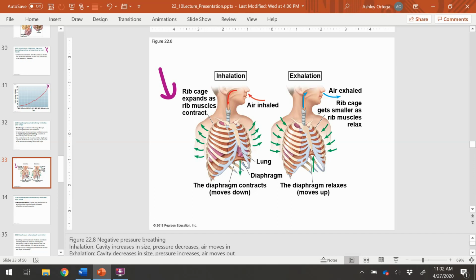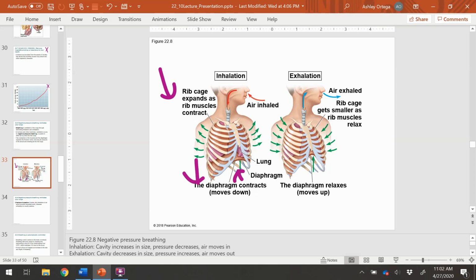Kind of like pulling up blinds, each of those pieces of blind is moving upwards. Our ribs will move upwards and outwards as well, and that is one component. The second component is the diaphragm, the muscle down here, is going to contract. As it tightens, it's going to move downwards and increase that space.